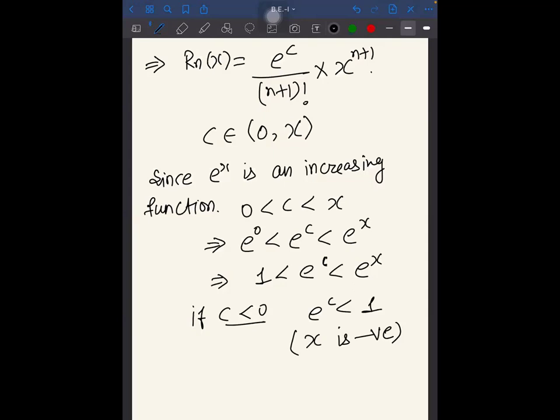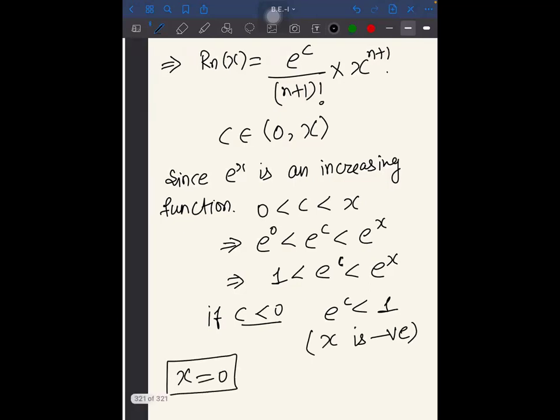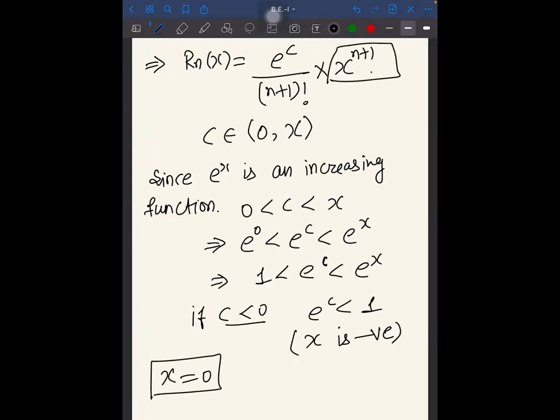And if your x is 0, then your Rn(x) will be 0. Are you with me on this?